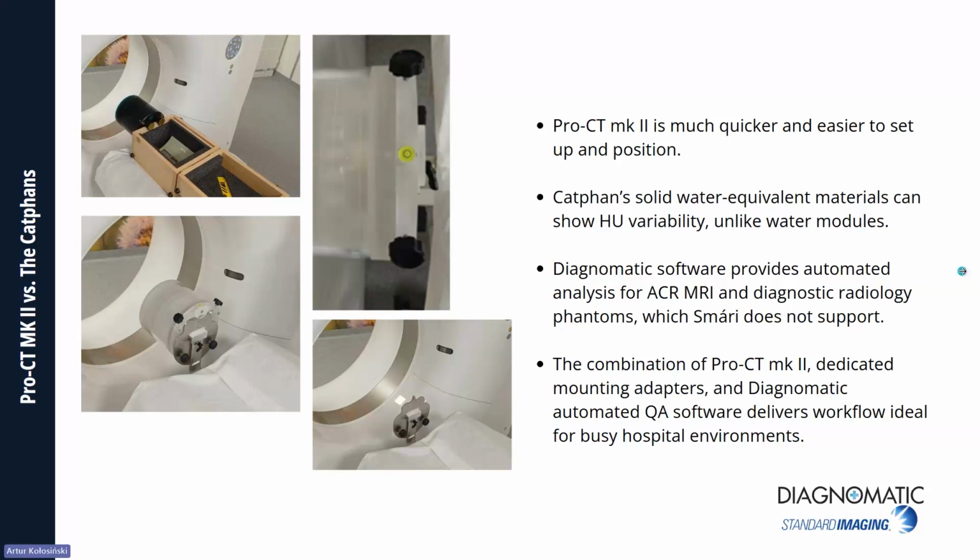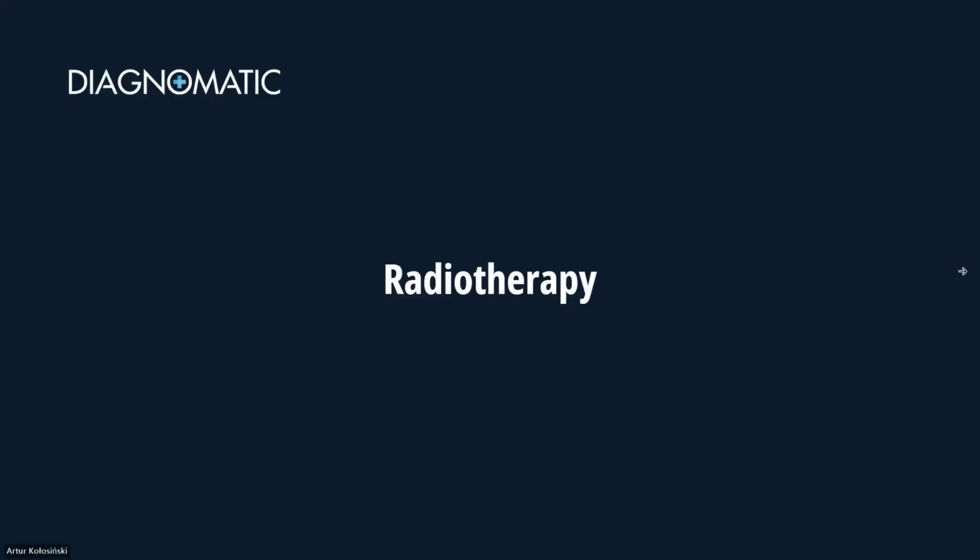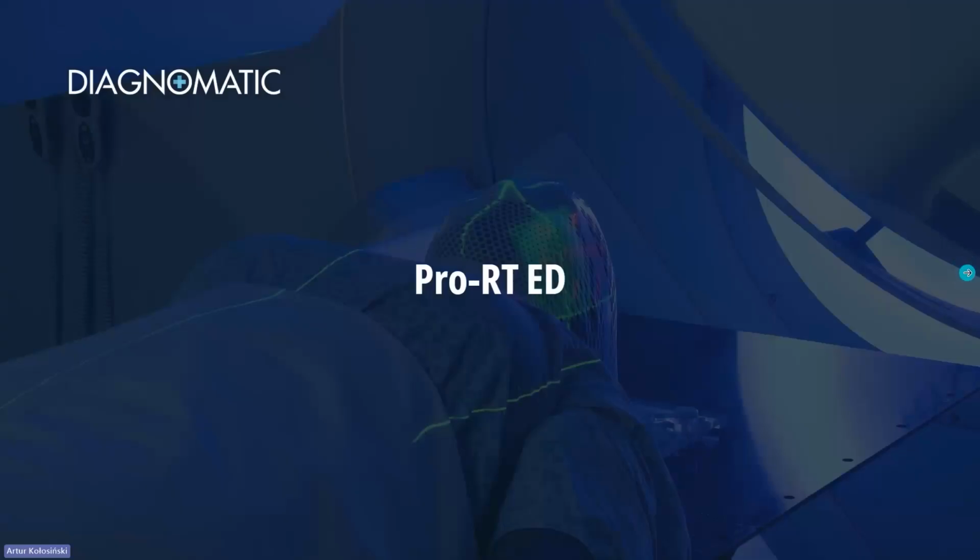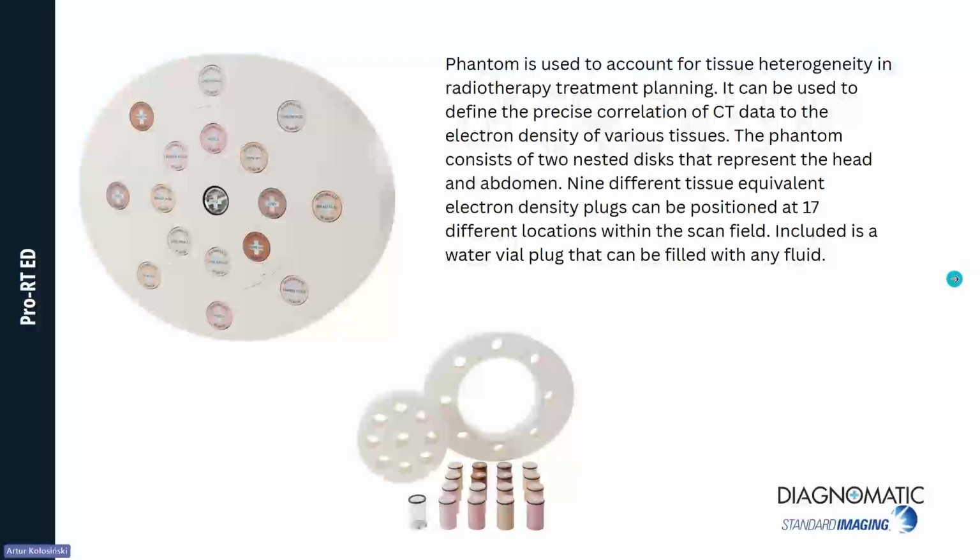Regarding radiotherapy, we have a Pro RTED. This phantom is used to account for tissue heterogeneity in radiotherapy treatment planning. It can be used to define the precise correlation of the CT data to electron density of various tissues.